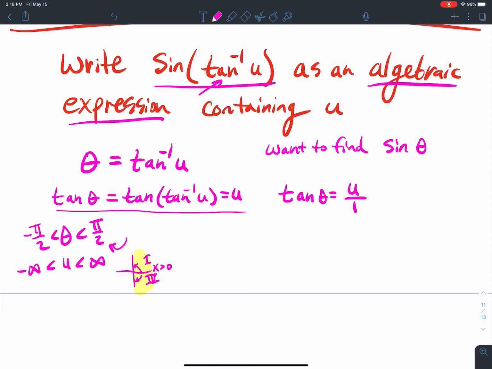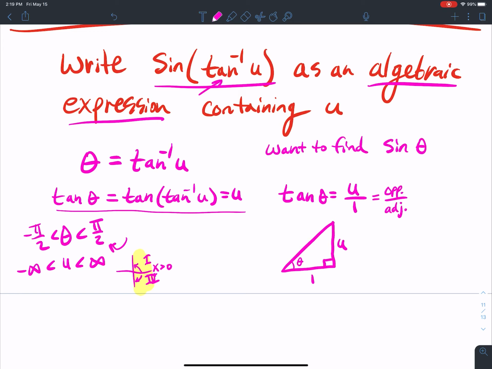So I want to draw a triangle from this information. So my theta, I pick a side. Remember, tangent, tripping on acid, right? Some old hippie caught another hippie tripping on acid. This is opposite over adjacent. So the opposite is u, the adjacent is 1.